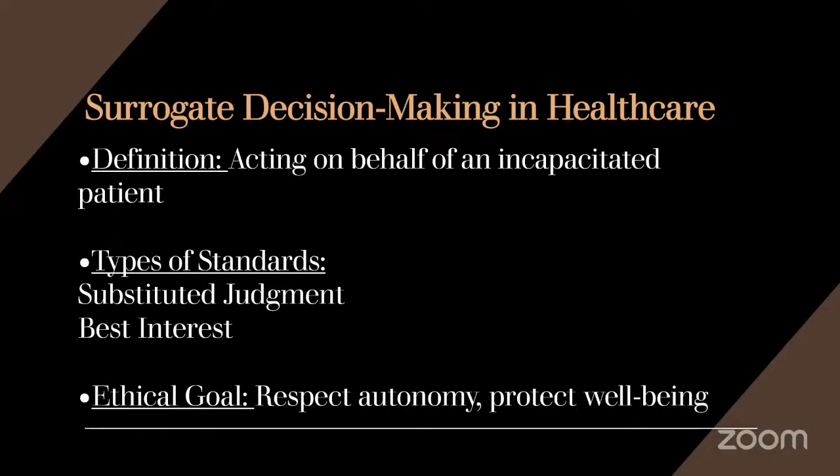And when disagreement arises among family members, physicians may need to involve ethics committees, or in rare cases, the courts. So, surrogate decision-making is both a legal framework and an ethical safeguard, ensuring that even when patients cannot speak for themselves, their values and dignity remain central to the decision-making process.